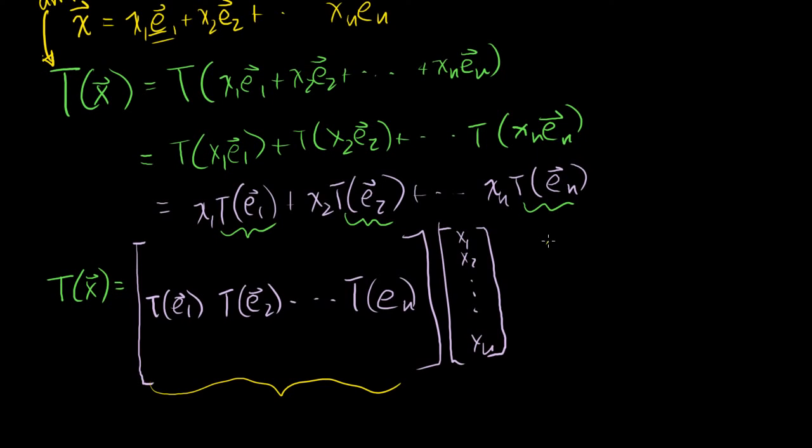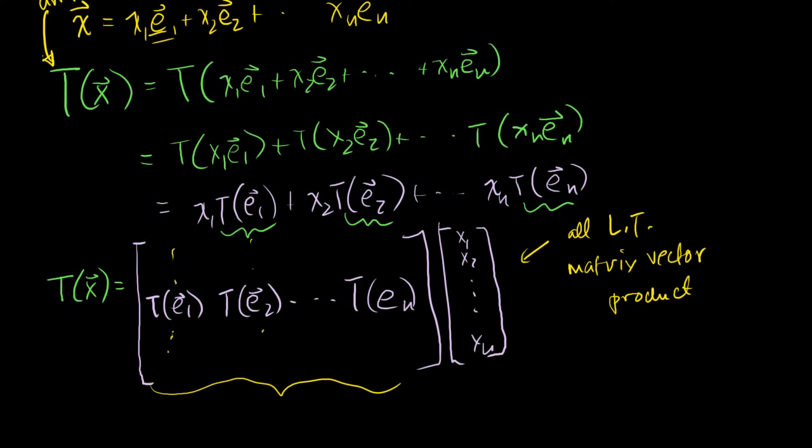So this is essentially showing you that all linear transformations can be represented by a matrix-vector product. Not only did I show you that you can do it, but it's actually a fairly straightforward thing to do. This is actually a pretty simple operation.